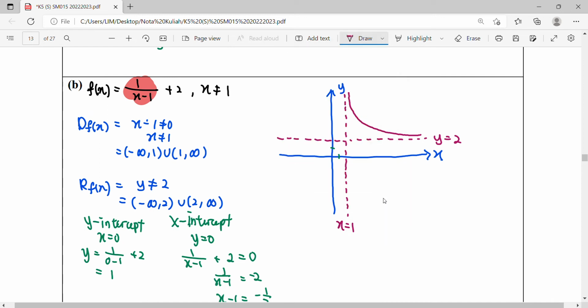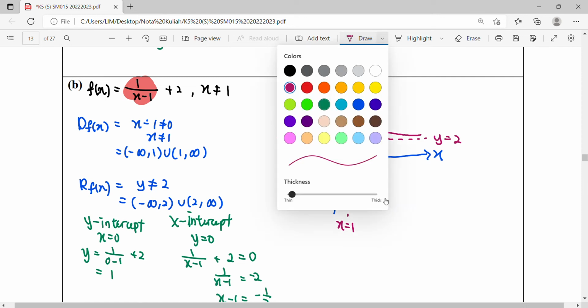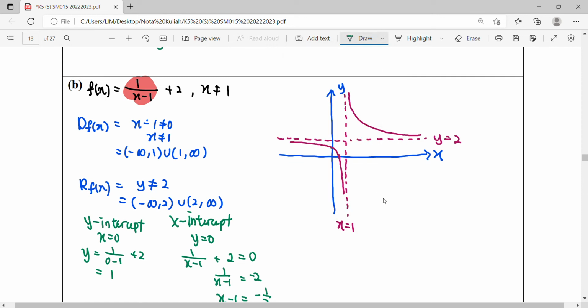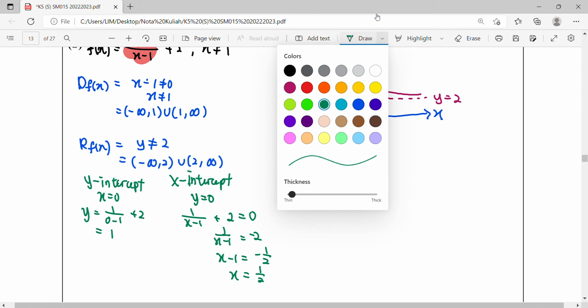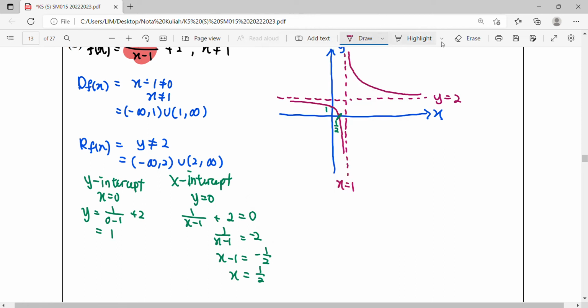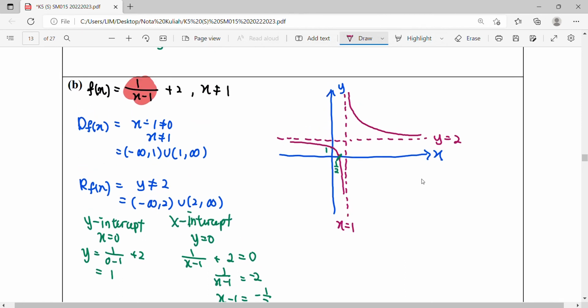Okay, so we go to drawing the graph. Okay, asymptote, you go near to it, then you curve. Then we label the intercept. Y-intercept is 1. X-intercept here is 1 over 2. Then finally, label the function.